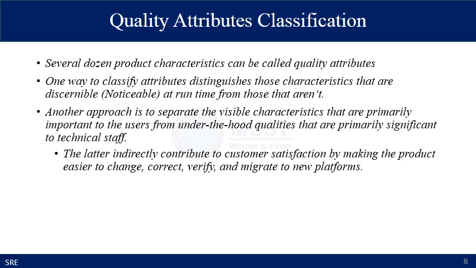So non-functional requirements are also classified as quality attributes, and there are several dozen product characteristics that can be called quality attributes. Software quality attribute classification is one way to classify attributes, and it distinguishes those characteristics that are discernible or noticeable at runtime from those that are not.